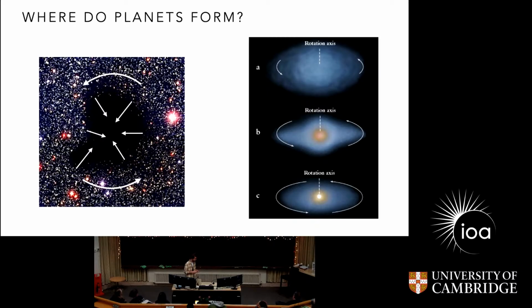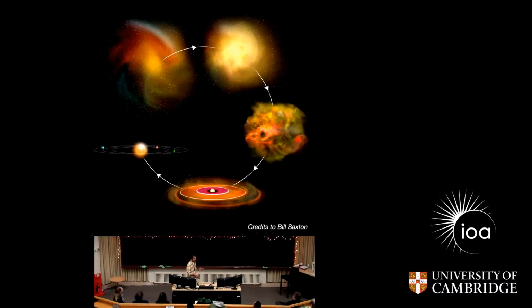These disks are very, very important because they are the environments where planet formation takes place. This is just a summary of the star and planet formation process I've talked to you about so far. We can start from the top with a giant molecular cloud.